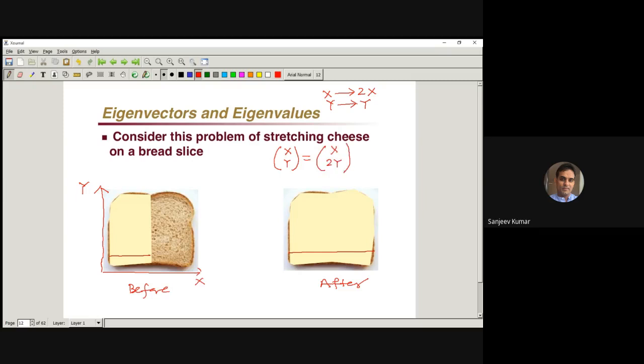And I told you I want to apply a linear transformation. So linear transformation means it is a two-dimensional space, so I will be having a 2 by 2 matrix. So what is this 2 by 2 matrix?